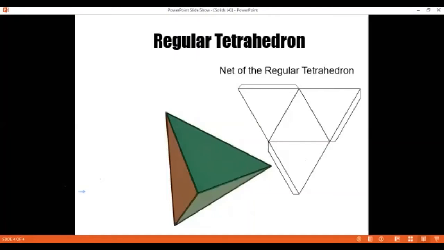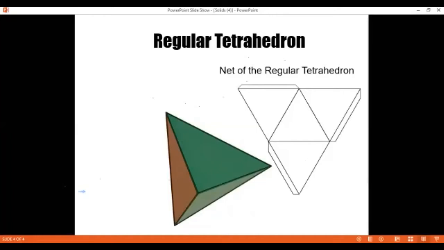Then write the heading regular tetrahedron on that page. Then underline it. Keep the spellings in mind: tetrahedron, regular. Finish writing the heading. Then leave space to draw the solid. The 3D solid, you have to draw it.